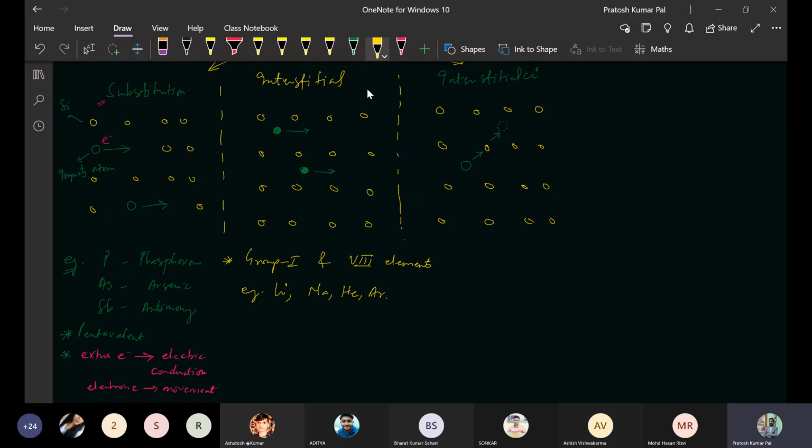Here, in this case, we can see that even if the crystal is not having any defect, because the crystal is pure, these types of elements can reside inside the interstitial space available to make the movement of these atoms. So the diffusion can take place because of the availability of space in the interstitial space.